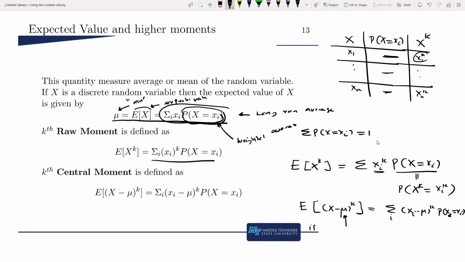So if k equals 1, the first central moment is going to end up as 0. You can check it. Therefore we define this for k equal 2 and above. When k equals 2, the second central moment is called variance.